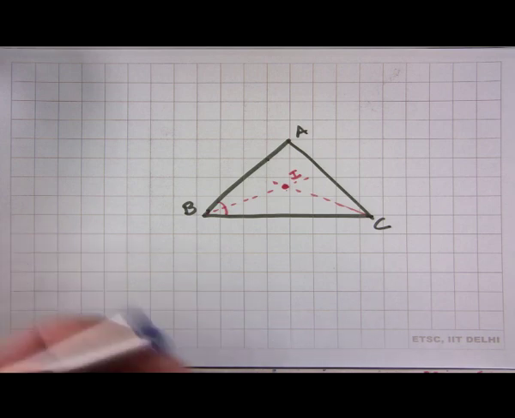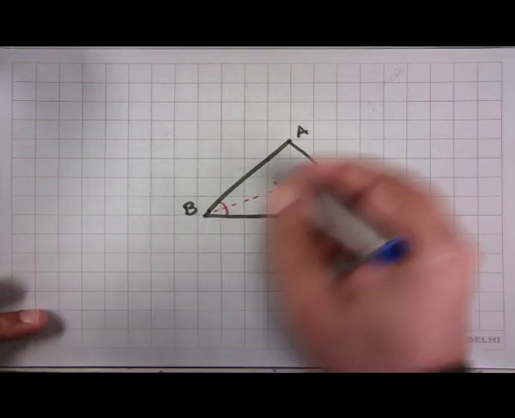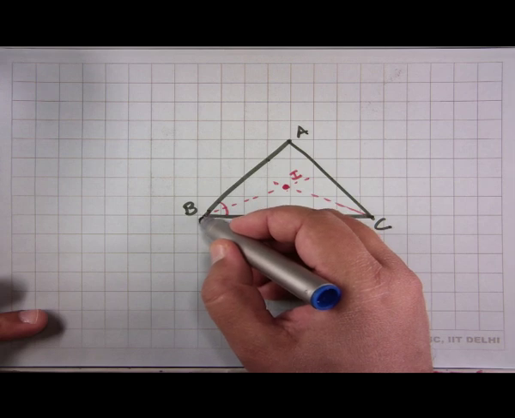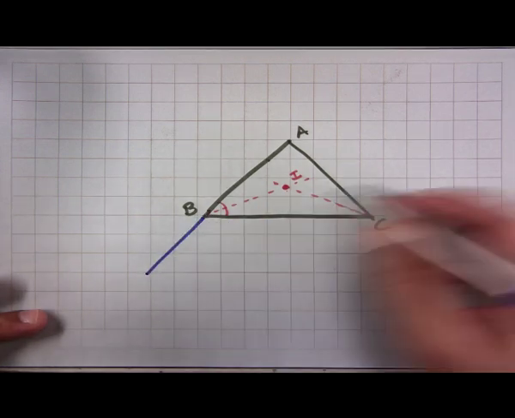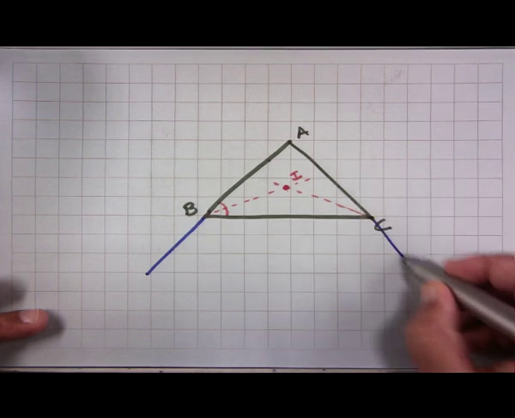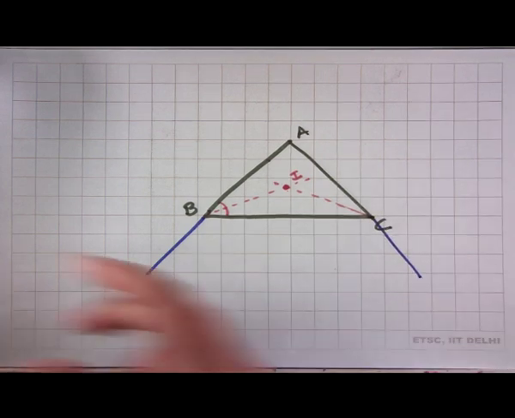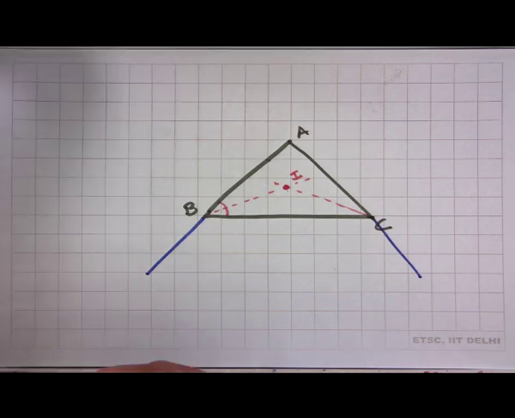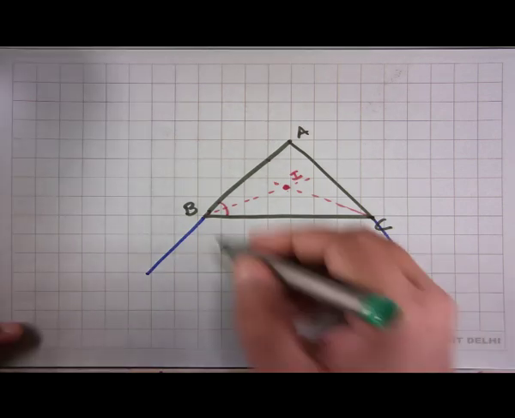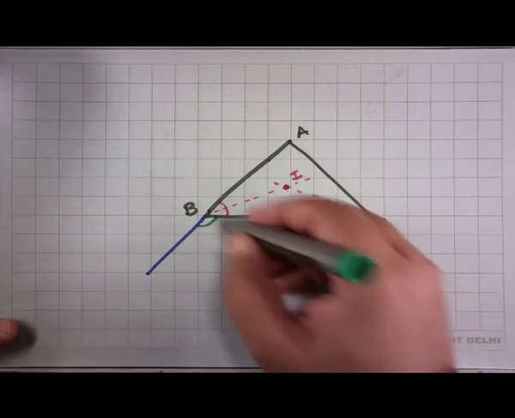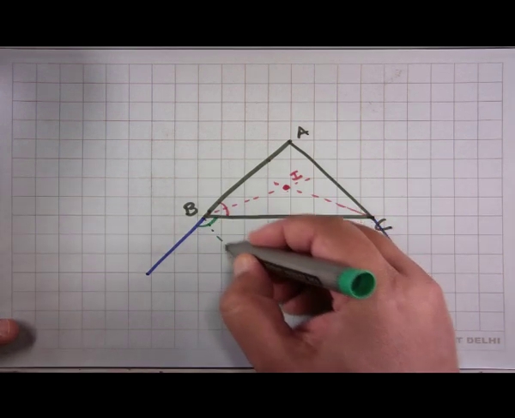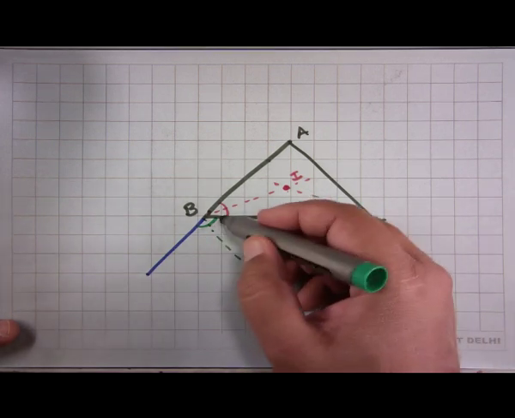If we extend all the three sides further, so let's say we extend the side AB, the side AC, and then of course if we consider the angular bisectors of these exterior angles.